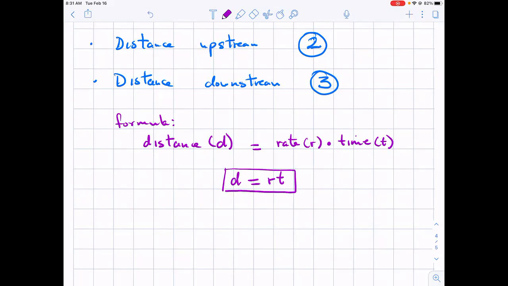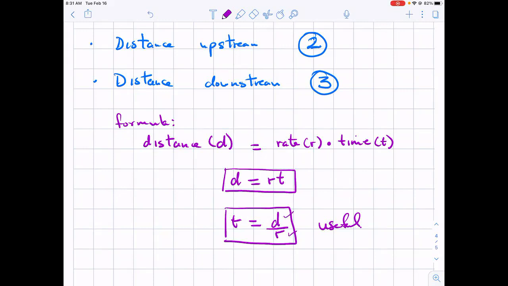If you rearrange this formula, you will notice that t is equal to d over r. And we can use this here. This is very useful for us. We can use this to fill in the table because we have the distance and we have r.